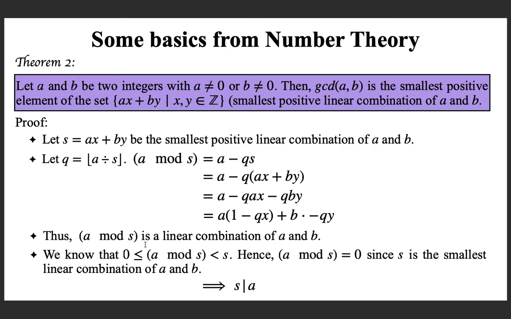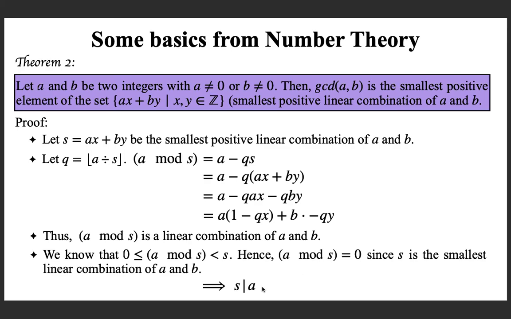Because we saw that the remainder is a linear combination of A and B, and from the division theorem we know that the remainder must be greater than or equal to 0 and less than S. So, A mod S must be less than S and greater than or equal to 0, and also A mod S is a linear combination of A and B. But S is the smallest positive linear combination of A and B. So, less than S and greater than or equal to 0 means it must be 0, and hence S divides A is what we are getting.